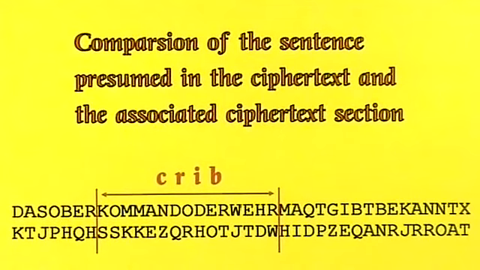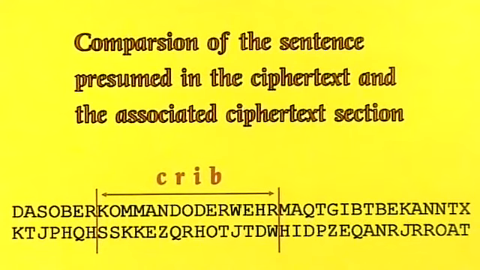Here is the section of the presumed Enigma message. Here is the opposite encrypted intercepted section of the Enigma ciphertext message. I hope that within this CRIB there is no advance of the middle rotor.